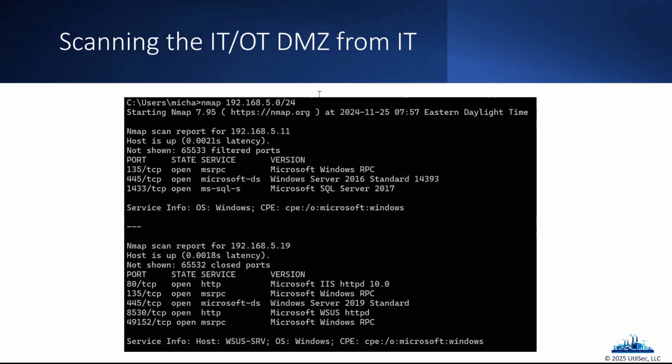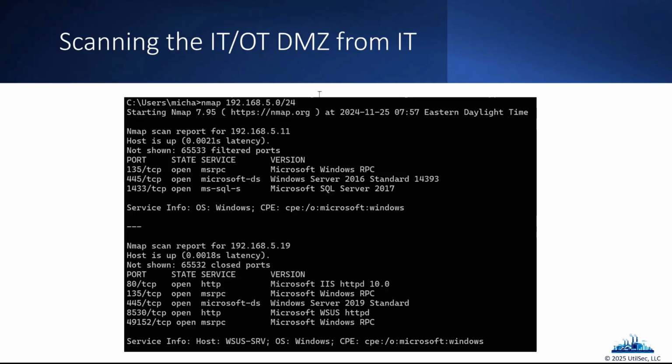You can look at that other host at 5.19. It has a whole bunch of other ports. It still has TCP 135 and 445 that shouldn't be open. But we also see something running on TCP port 80, so probably some web page, some website. That website could have its own vulnerabilities. It's also running on a web server, in this case IIS 10, which could have its own vulnerabilities.